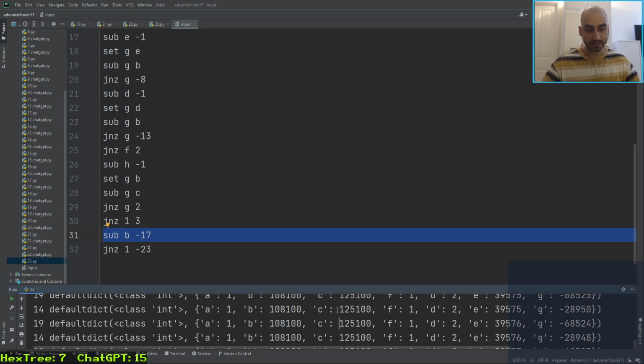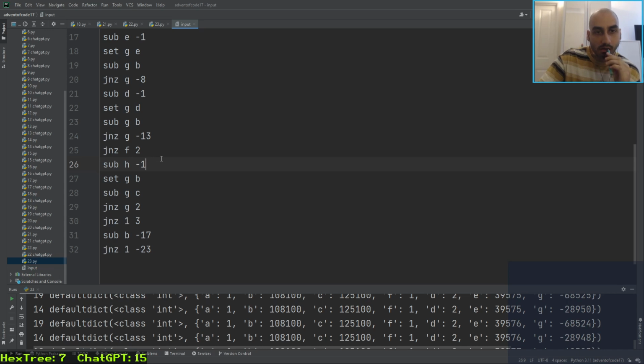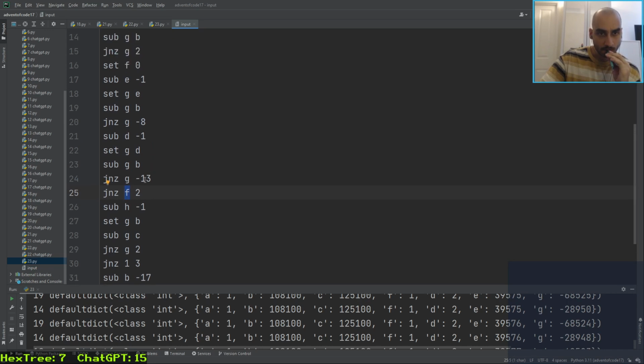So every step in between, we're trying to work out how many values of b f will be 0 for. So let's backtrack now. So if f is 0, need a better pen.